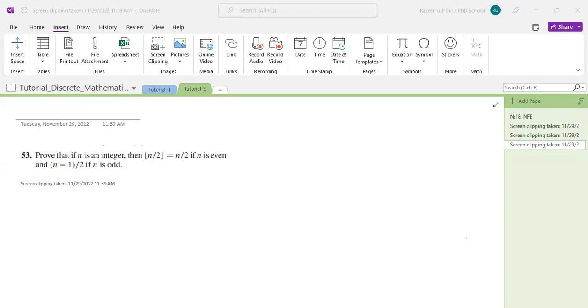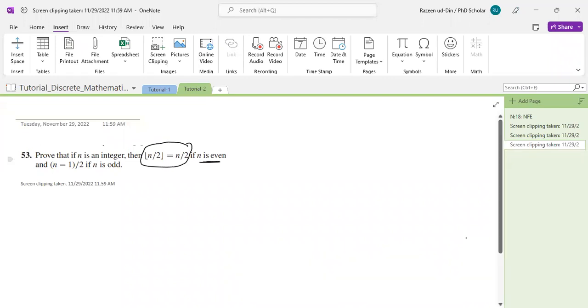Okay, so what does it say? Prove that if n is an integer, then the floor of n by 2 is equal to n by 2 when n is even, and the floor of n by 2 is (n minus 1) by 2 if n is odd.